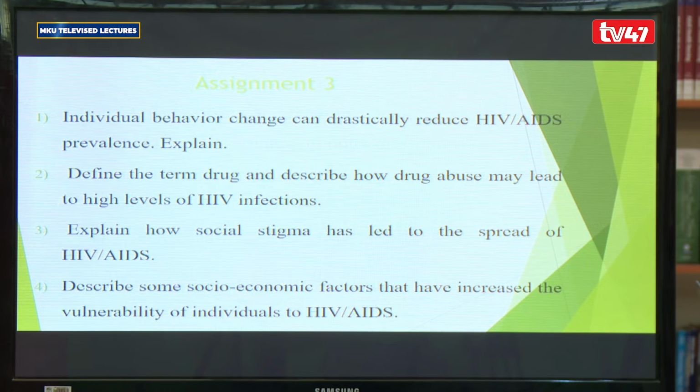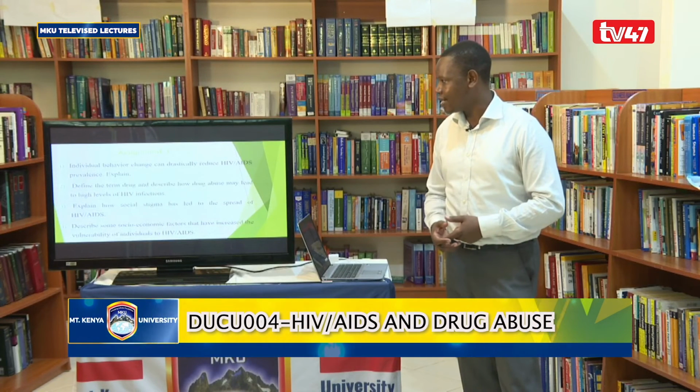Individual behavior, these are the assignments. Number 3, individual behavior change can drastically reduce the HIV prevalence. Can you explain how individuals' behavior can drastically reduce the HIV spread?